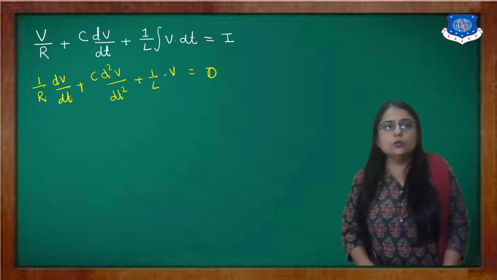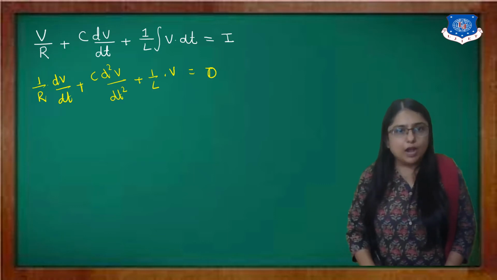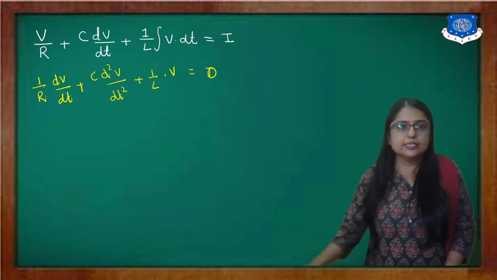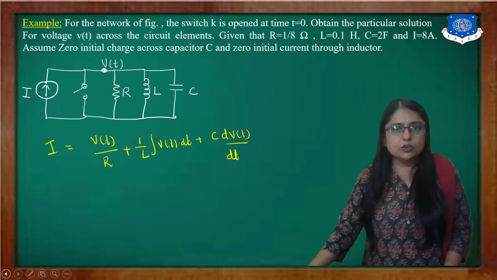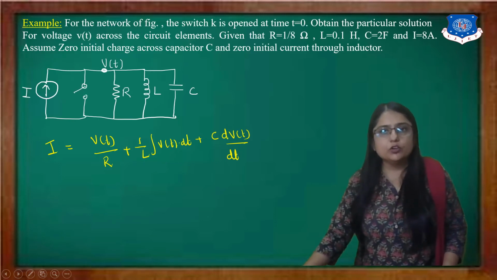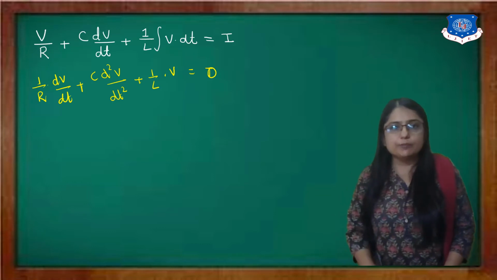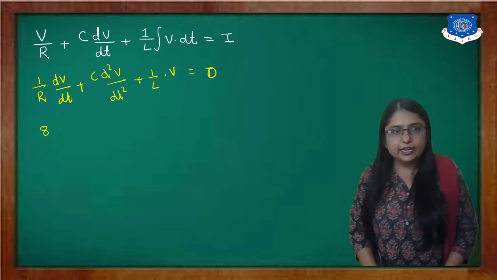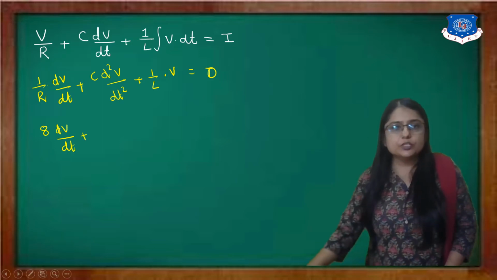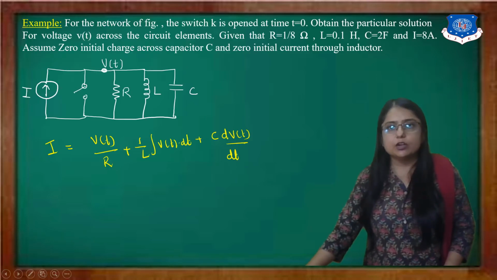So now you just substitute the values of R, L and C. See here, that is already in the question. We have the value of R, that equals what? It's 1 by 8. So if we substitute 1 by 8, then here we will get 8 dV by dt. If we substitute the value of C, that is what? That is 2 Farad.